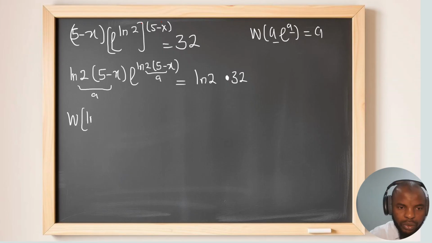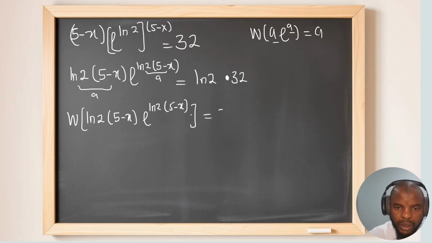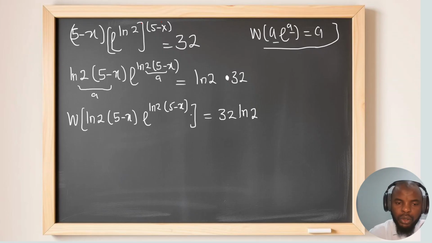Here you have natural log of 2 times 5 minus x, exponent, natural log of 2 times 5 minus x, equals 32 natural log of 2. Now we can apply this rule, then we can say that the answer is going to be the a.